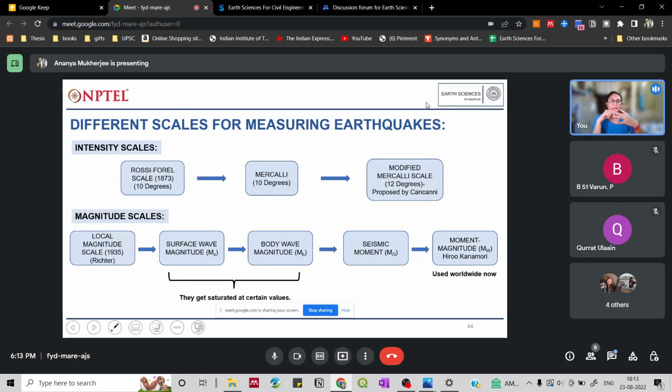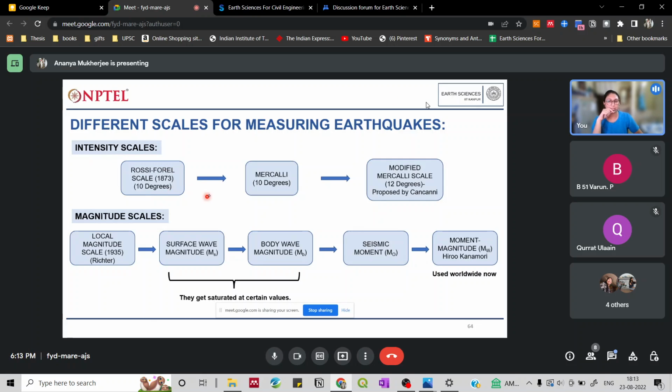Then we had the need to quantify the earthquakes, the size, the damage, the kind of effects that earthquakes have caused. In the start, we had the Rossi-Forel scale.